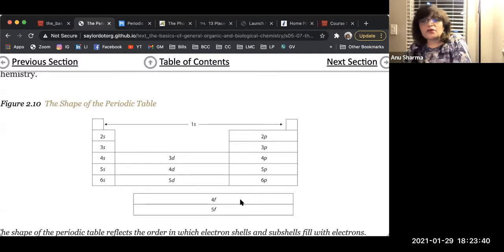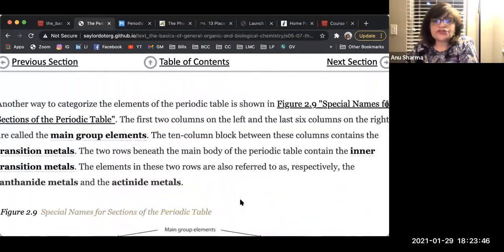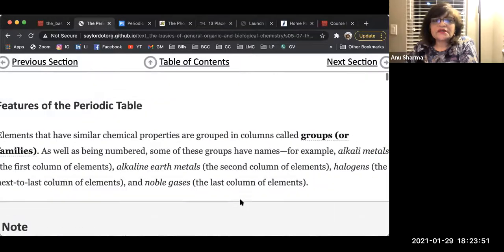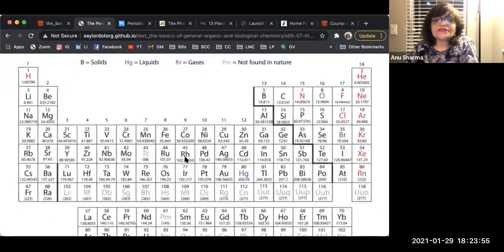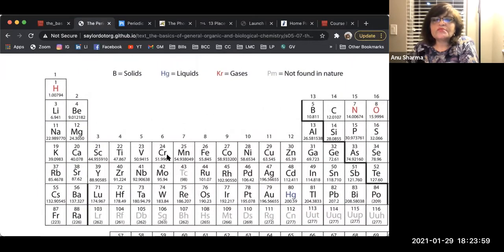Now, there's another very interesting thing that I want to show you about the periodic table. Here is your periodic table, and we see one more time that s orbitals can hold a maximum of only 2 electrons.